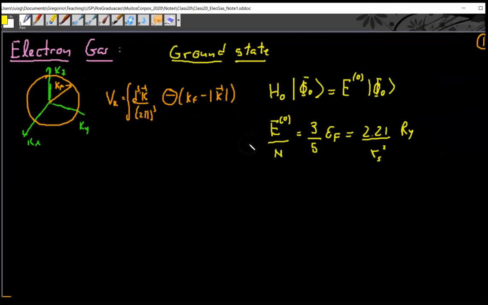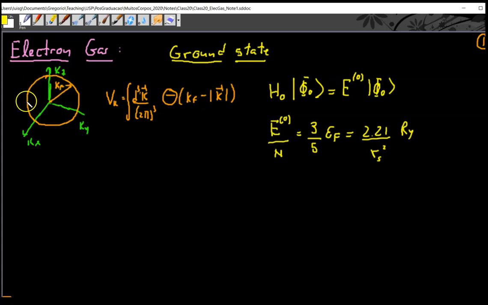All right, so we are here at the blackboard, and for the electron gas, the ground state is, as we mentioned in a previous class, a filled Fermi surface in k space, so that all states with a given k smaller than kF in absolute value are filled.